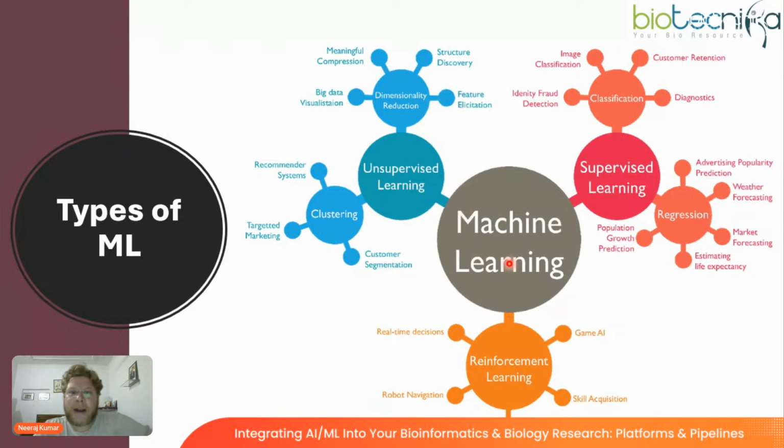Okay, the third part of machine learning is reinforcement learning. Whenever we have a regular flow of data, it is a continuous process.